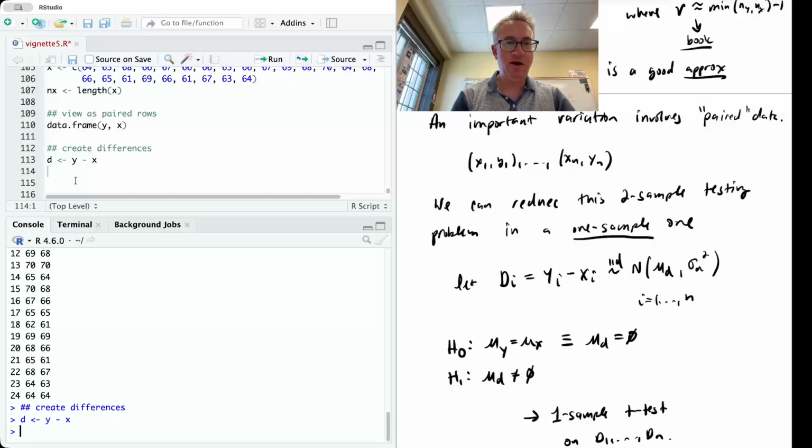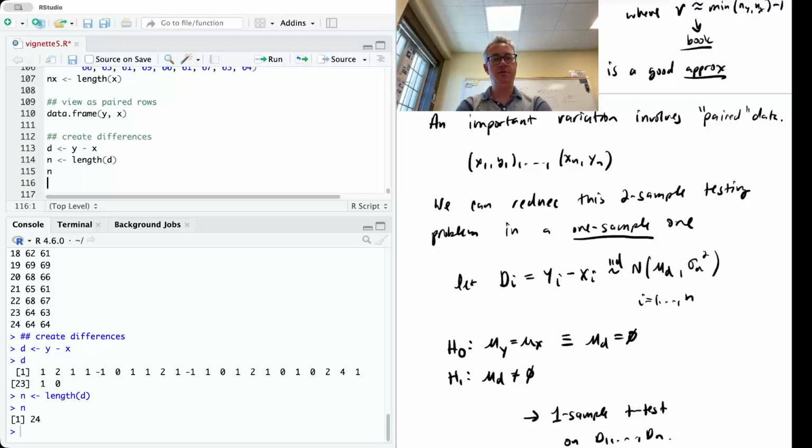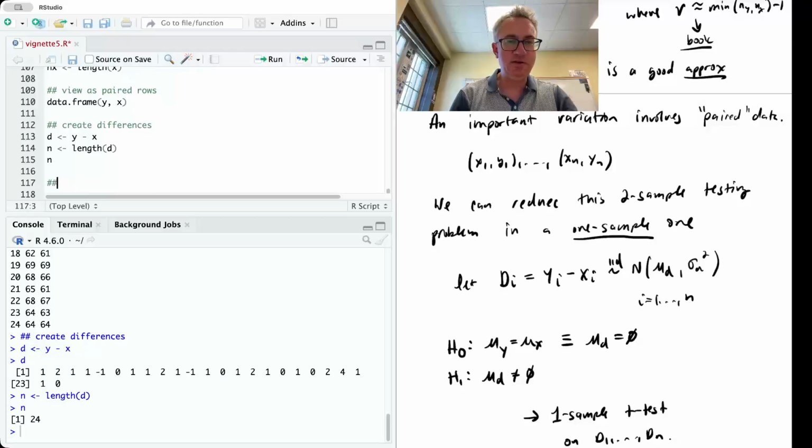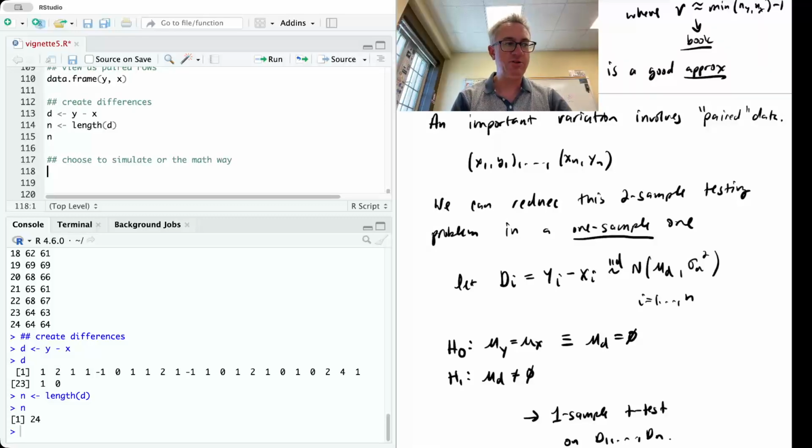And I have n of them, which should be 24. Okay, so those are my 24 differences. How do I do the analysis? I can choose to simulate or do the math way. I'll skip the simulation. You can try that on your own, and I'll just do it the math way.